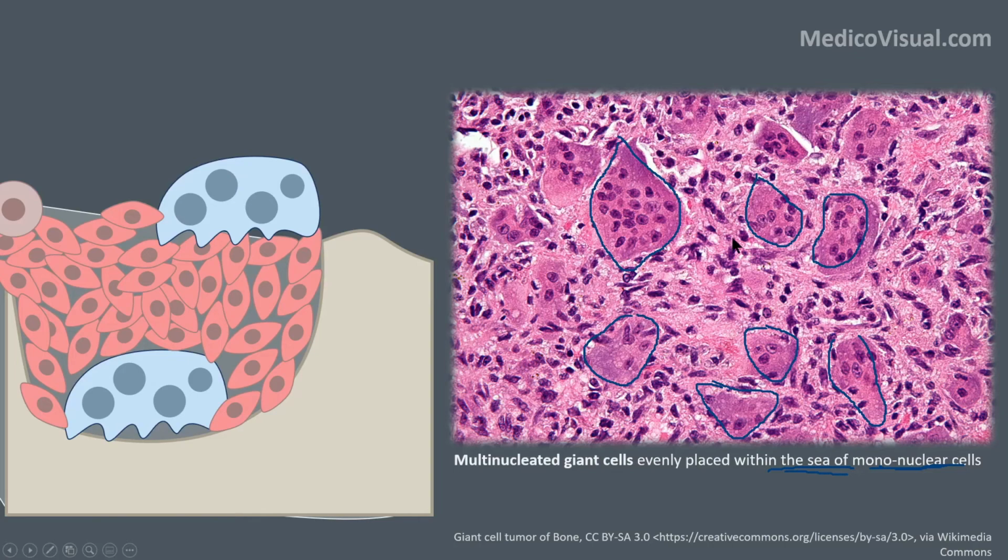Here in this diagram, you can see the background of these mononuclear cells. These are neoplastic cells, while osteoclasts are not neoplastic. They are actually reactive cells. They are performing their normal job. These osteoclasts are the innocent cells that were performing their normal designated job.